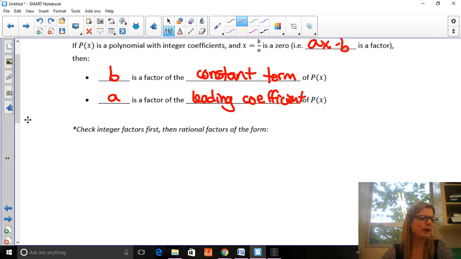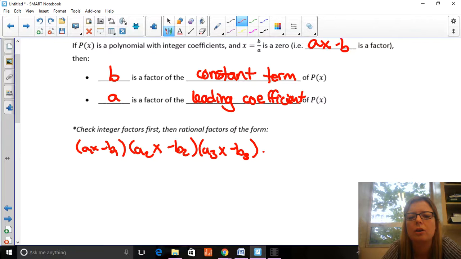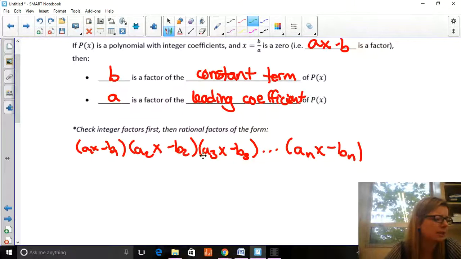For the proof of this, if you have a1x minus b1 times a2x minus b2 times a3x minus b3, all the way, however many factors you have, to anx minus bn, think about when you multiply this all through to get your coefficient.